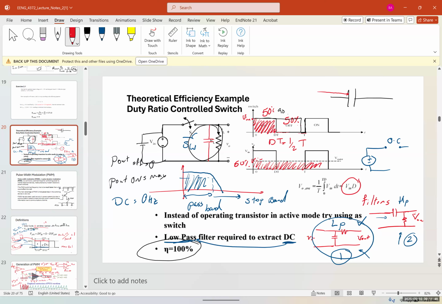What happens if I have an AC signal? It's going to pass through. So this is a good way to memorize: if you have an AC, it's going to go through; if you have a DC, it's going to be blocked. This is not accurate, it's just a visualization. So we use a low pass filter because we want to only pass the DC signal and block the AC signal.